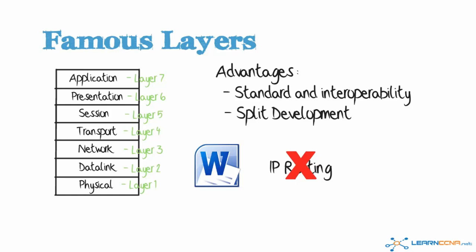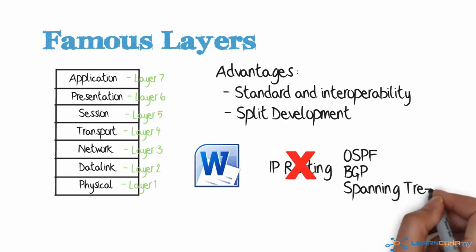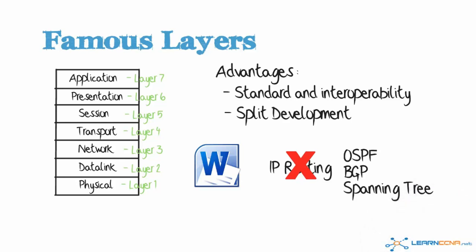So if you were writing an application in Python or another high-level programming language, you don't have to understand OSPF or BGP or spanning tree or any one of the many other protocols used at lower layers of the OSI model. Because the different layers are separated from each other, a developer working at layer 7 doesn't need to know what's happening at layer 2 or layer 3.